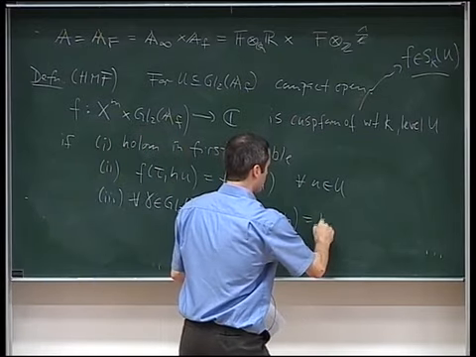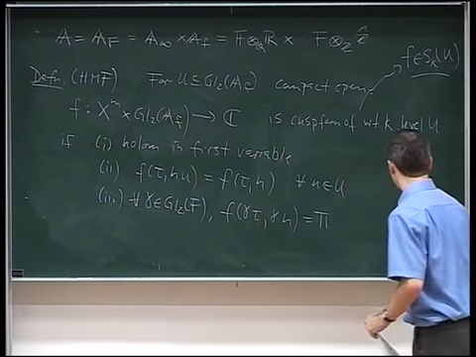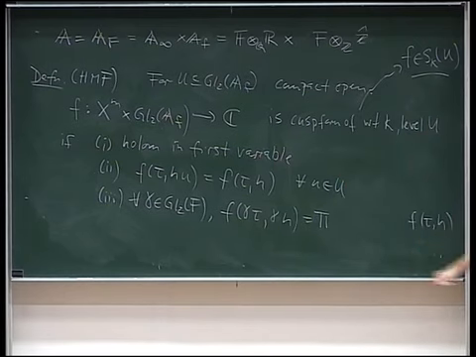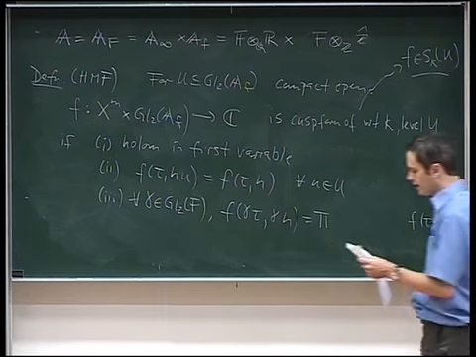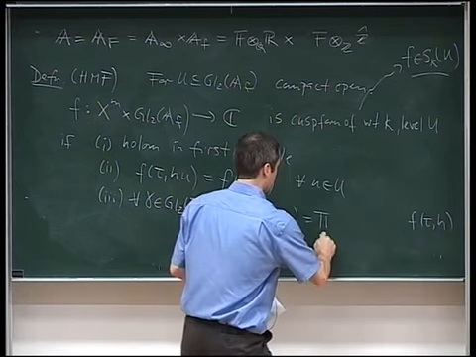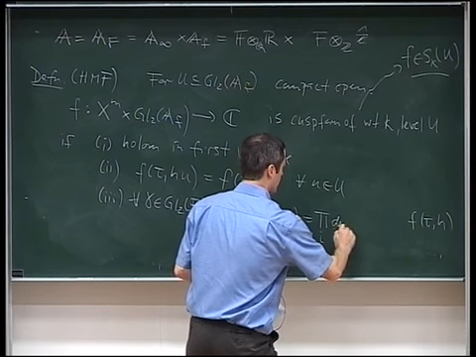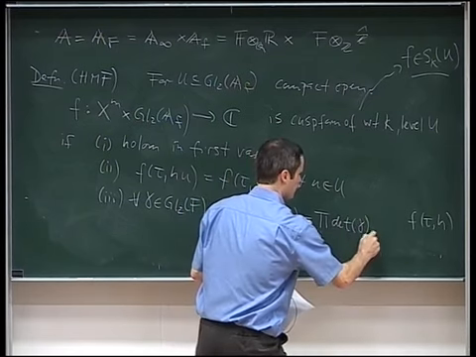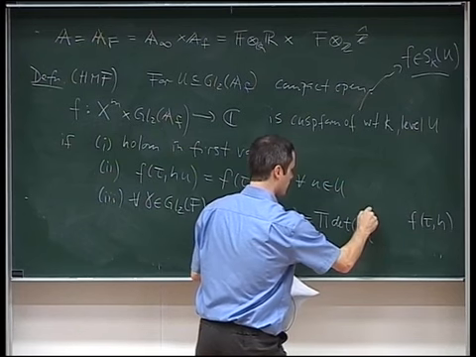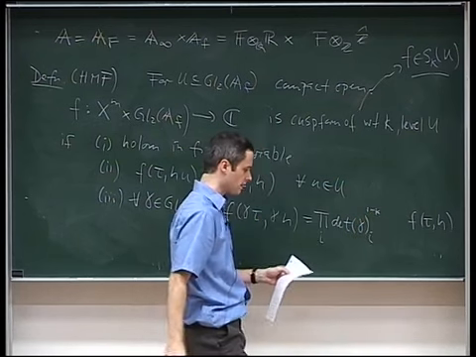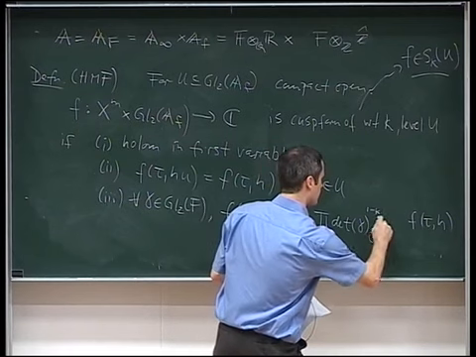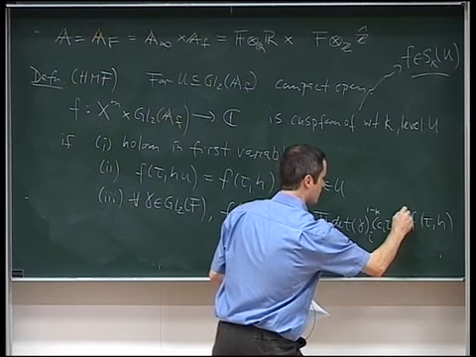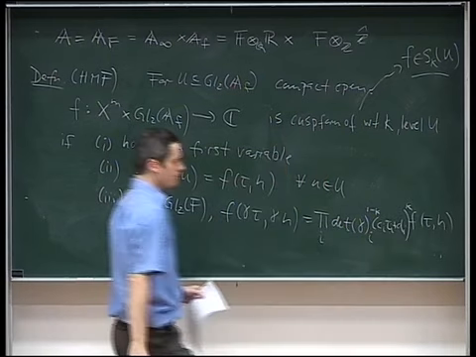This should be related to the value of f at tau and h by the following factor: the determinant of gamma to the 1 minus k-th power, and then c_i tau_i plus d_i all to the k.